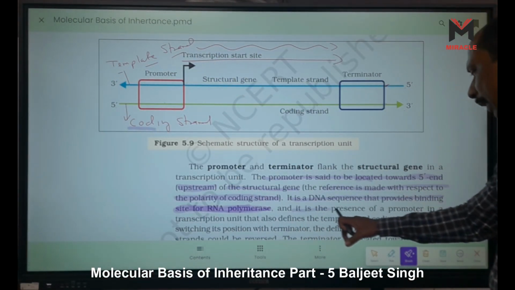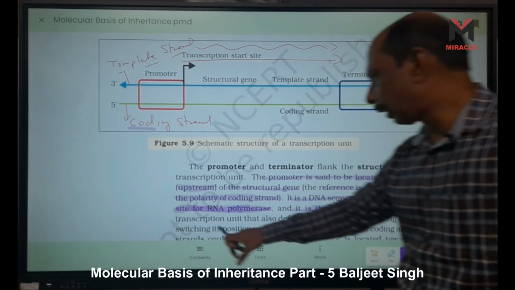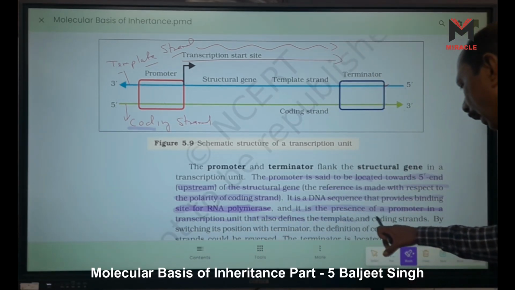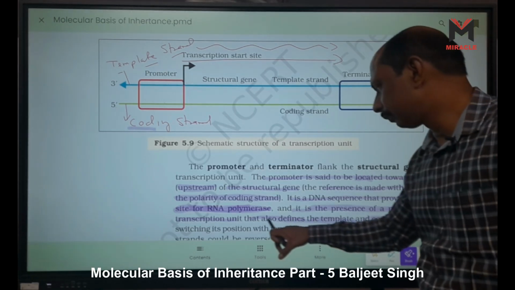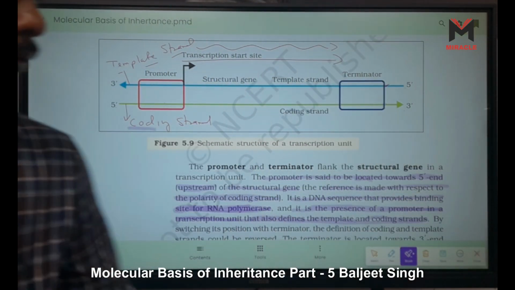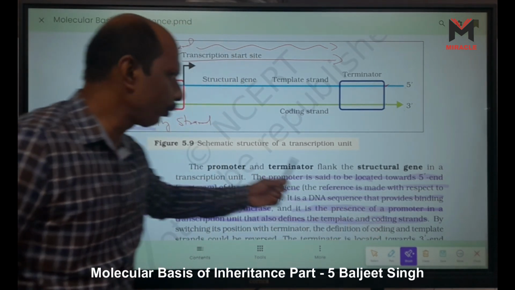The presence of a promoter in a transcription unit also defines the template and the coding strand. Who is responsible? That promoter site.